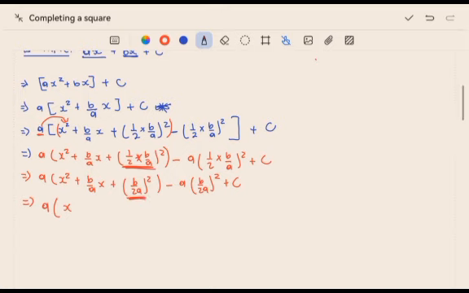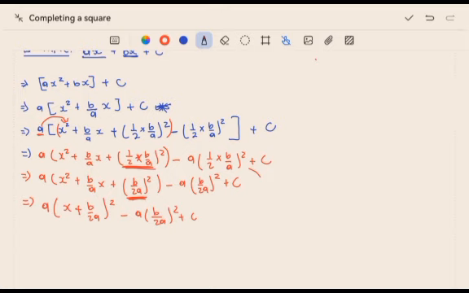You take it as is, and you can see that it's a positive term, so it will be plus b over 2a, and then you square all of that, and then you subtract whatever is outside your bigger bracket, and that is a over a open bracket b over 2a squared plus c.